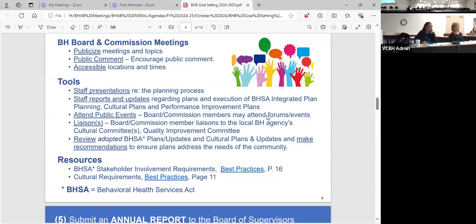But I think we need to look at innovative ways to reach people. And that might be, the staff might just go to a community center where we've identified a population that should be part of the process that doesn't normally come to one of the county meetings. And the staff might run a listening session there.